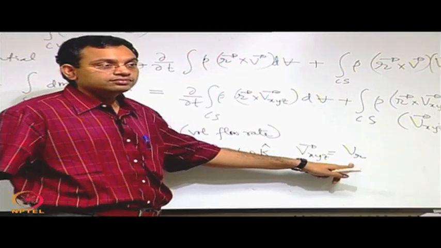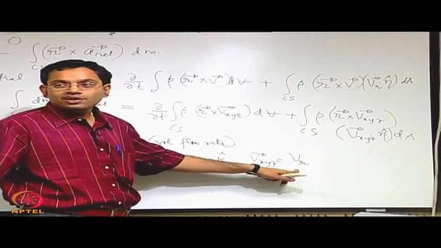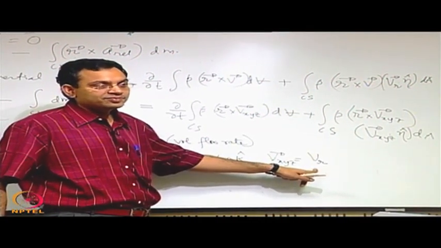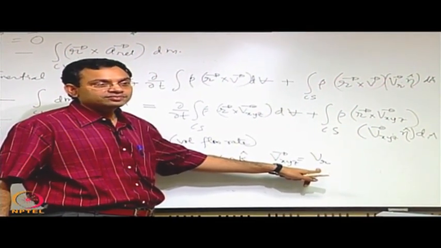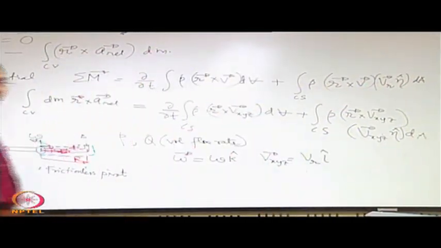Only 2 options are there, it cannot be k. So, only i and j, i or j. You are not very sure it should be i.